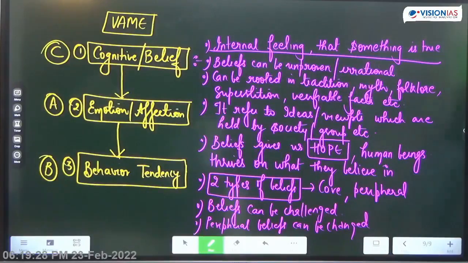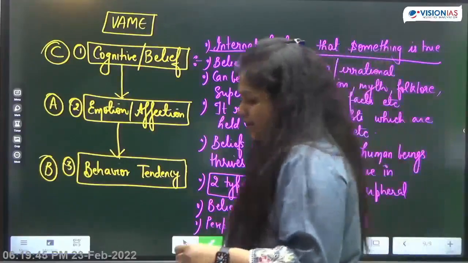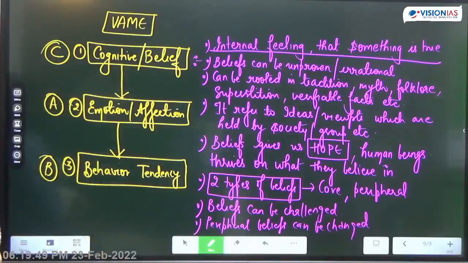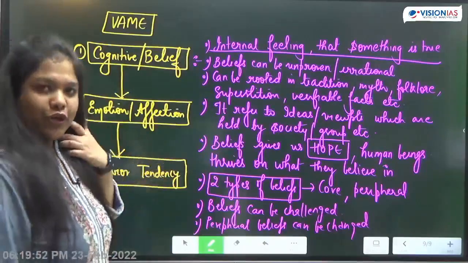Likho, I'll explain everything. Belief refers to an internal feeling that something is true. Your belief can be unproven, it can be irrational. I believe there exists a life after death. I believe if a cat crosses my path, something wrong is going to happen.